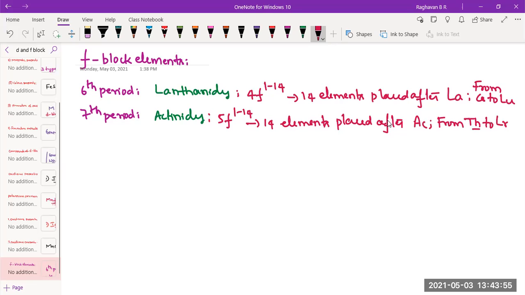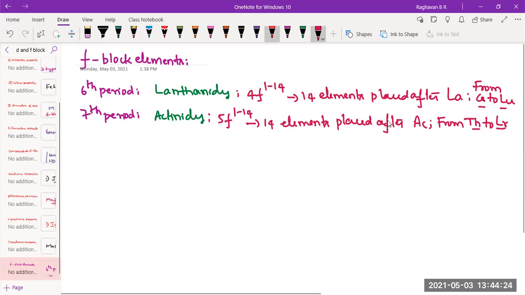So just remember the first and last element to begin with. That itself is the definition. The 14 elements which are placed after lanthanum from cerium to lutetium, in which 4F1 to 14 is filled, are lanthanides. The set of 14 elements which are placed after actinium from thorium to lawrencium, in which 5F1 to 14 is filled, are actinides.